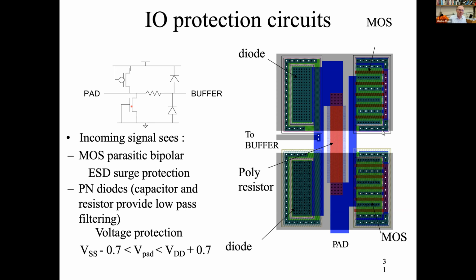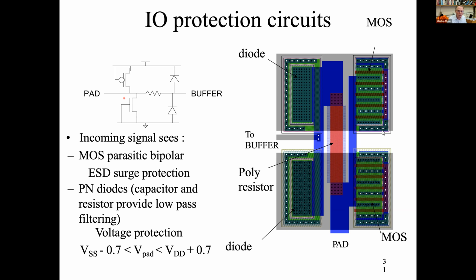And this essentially looks exactly like a bipolar transistor. Normally, when you're using these transistors, the MOSFETs, they're biased in such a way that this parasitic bipolar is inactive and not doing anything. But here, the whole circuit is being designed around the parasitic bipolar. We want it to do something.